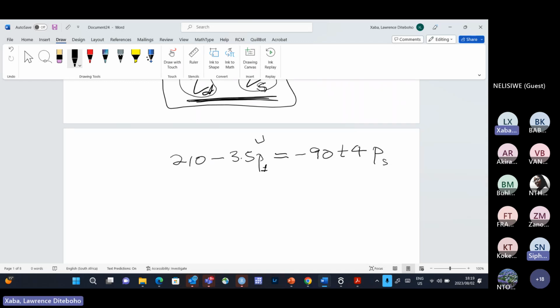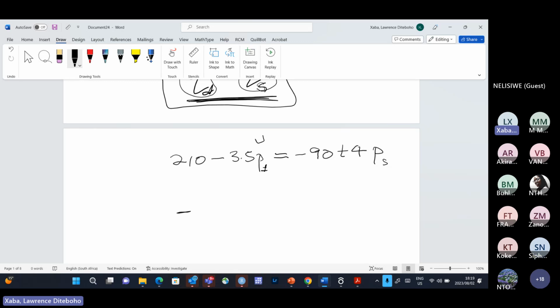Like I said, we are equating. So we are going to group the like terms from this given information. If you look at 4P, this side, it's positive. Bringing it to the left-hand side, it becomes negative.